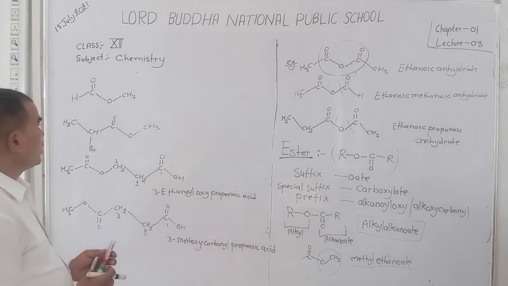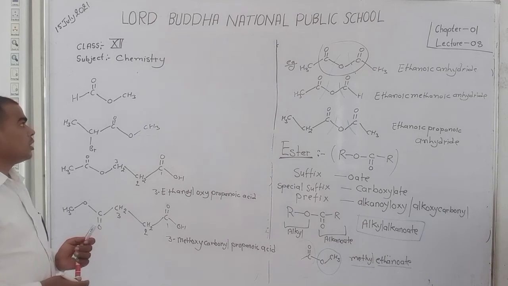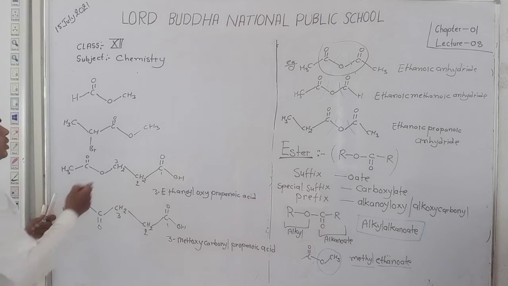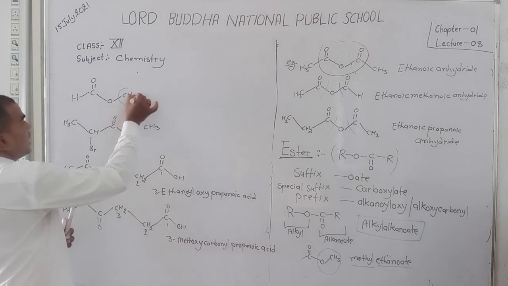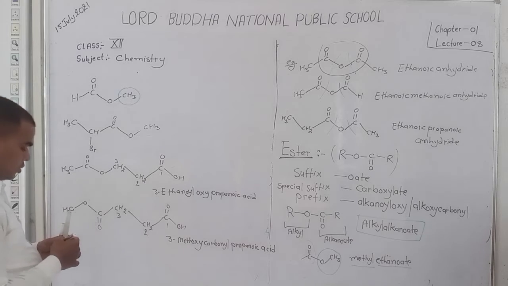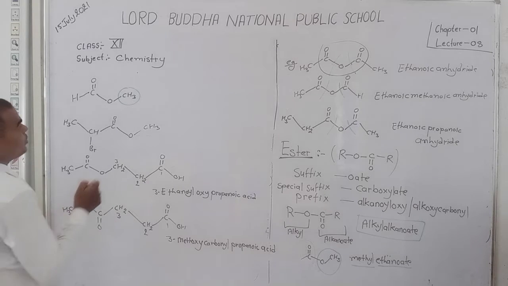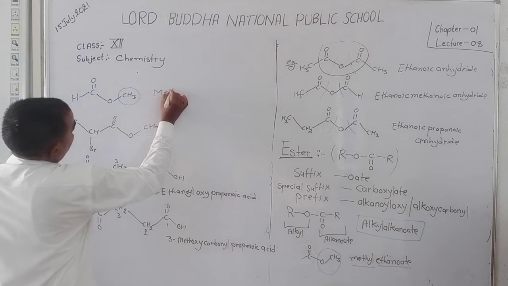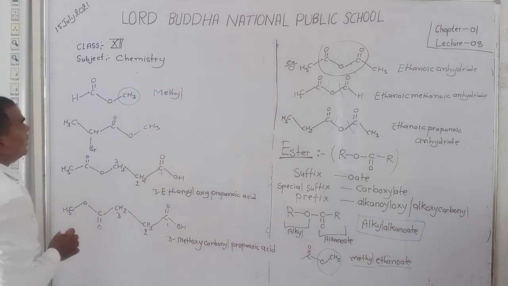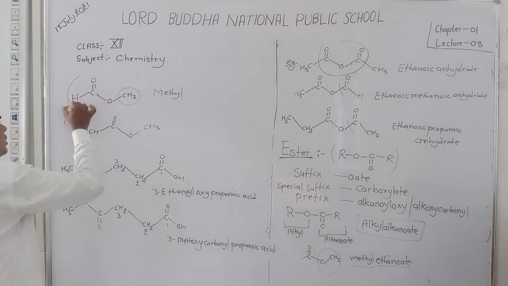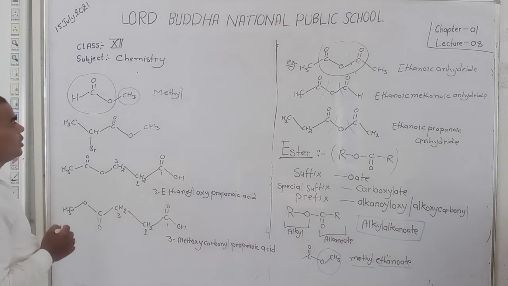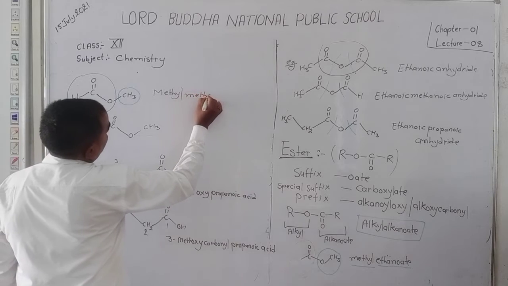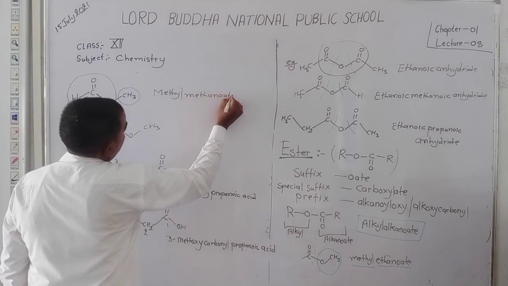Dear student, now let's discuss more examples. In this example, CH3 is attached to oxygen, so write the name of CH3 as methyl. And here a single carbon, so it is known as methanoate.